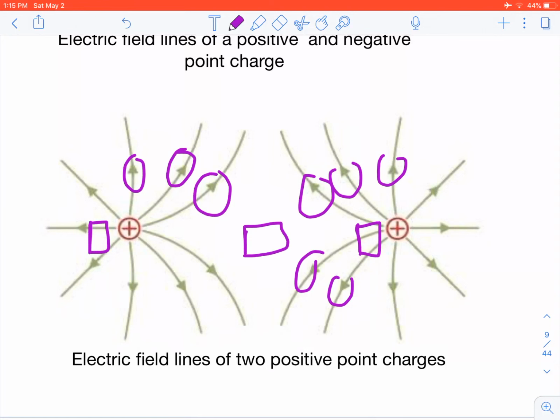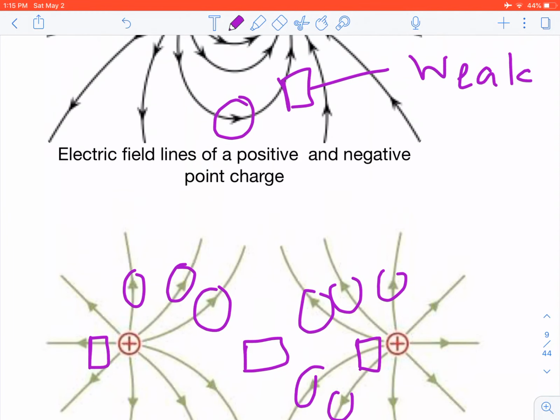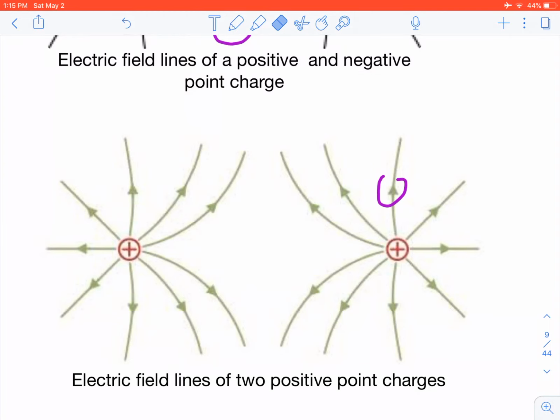If we had, for instance, two negative charges, the field would be the same. The only thing is, say that's negative, and say that's negative. What would it be?